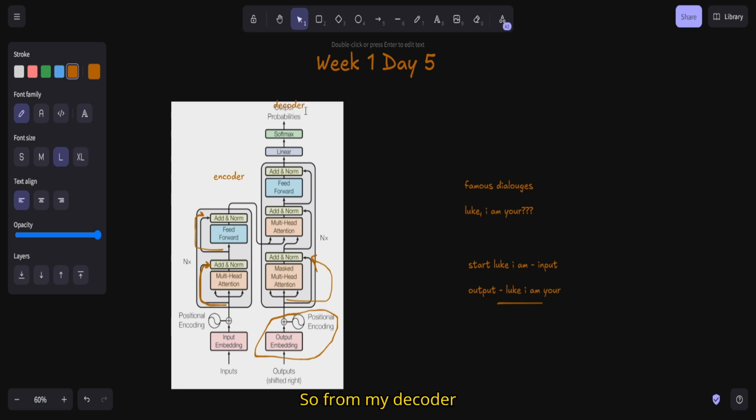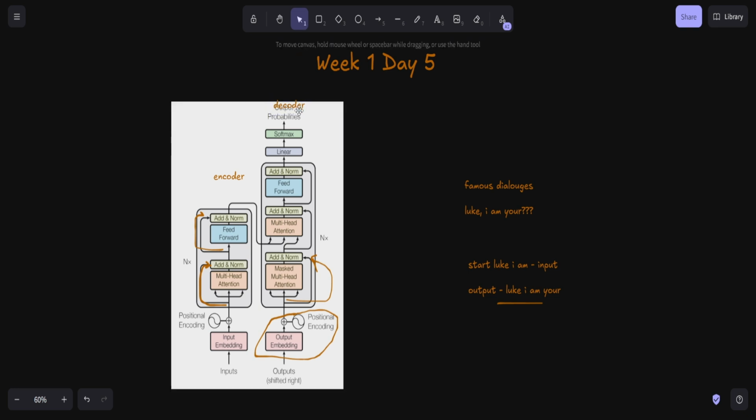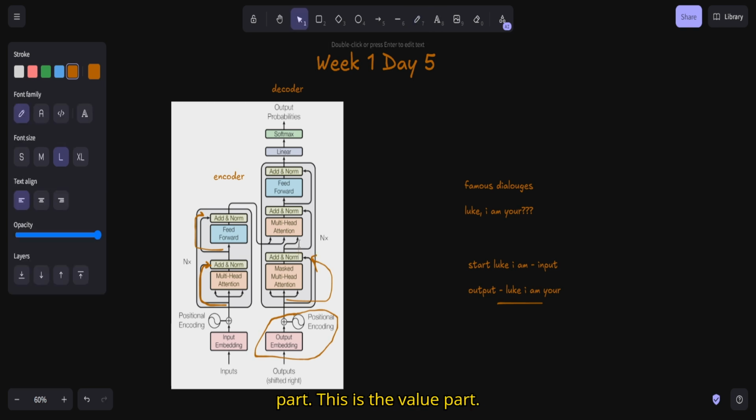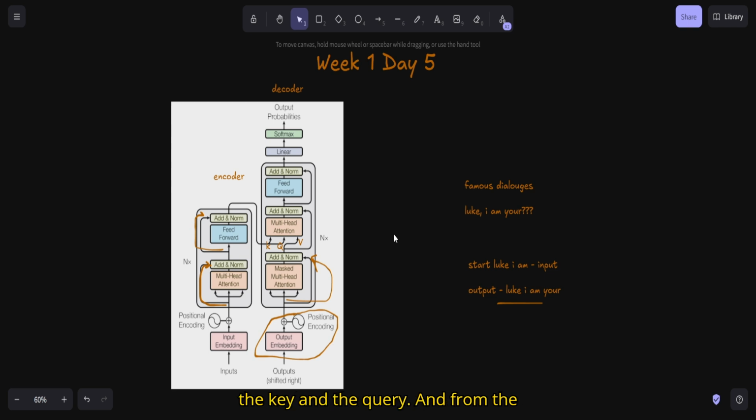From my decoder, we only take the value part. If you see this arrow, this is just the value part. And from the encoder part, the output should be K and Q. So from the encoder we are taking the key and the query, and from the decoder part we are taking the value, and we put it through a multi-head attention, then add and norm, then feed forward, then add and norm.